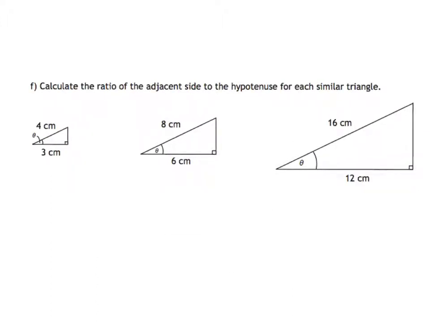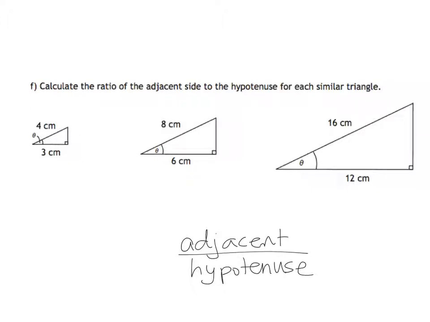Calculate the ratio of the adjacent side to the hypotenuse for each of these similar triangles. So adjacent over hypotenuse. In the first one, the adjacent is 3 and the hypotenuse is 4.